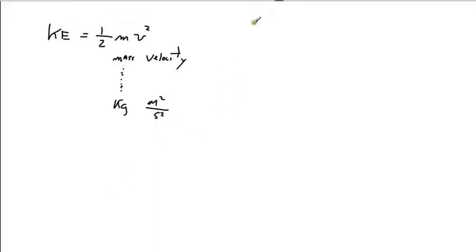This is all we did. We took the meters per second, and if you square it, you're really multiplying it by itself. Meters per second times meters per second equals meters squared per second squared. That's really all we did. And these are the units for kinetic energy. As I said earlier, nobody wants to write all that, so oftentimes we use joules.